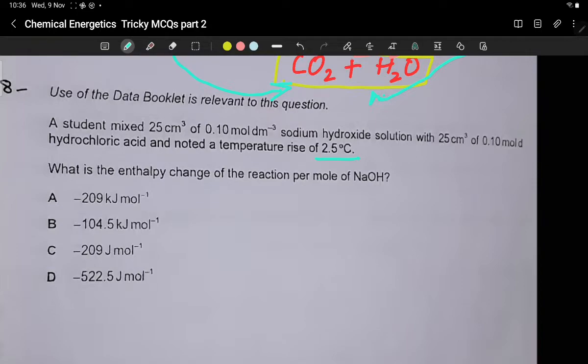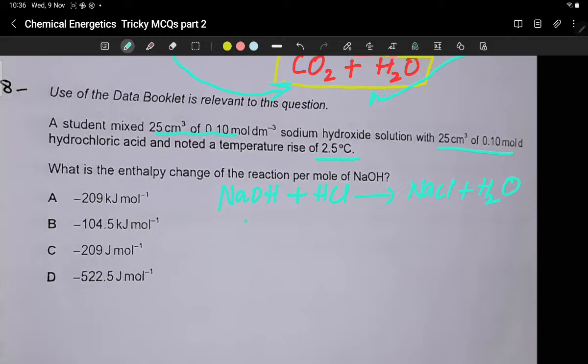What is the enthalpy change of the reaction per mole of sodium hydroxide? This is the chemical reaction to form NaCl plus water.